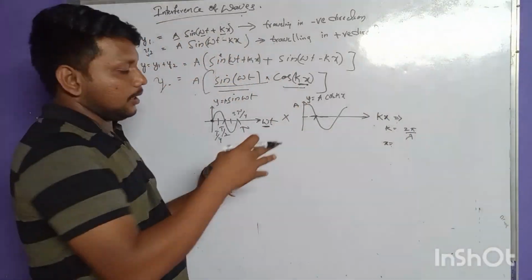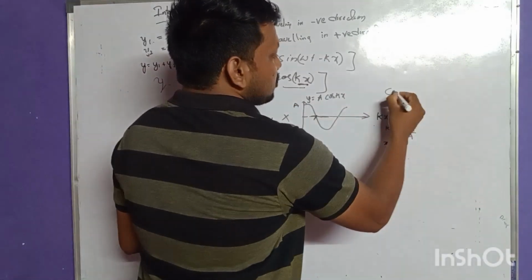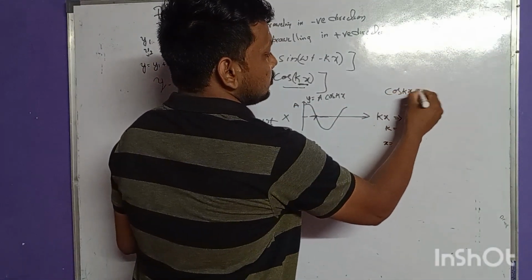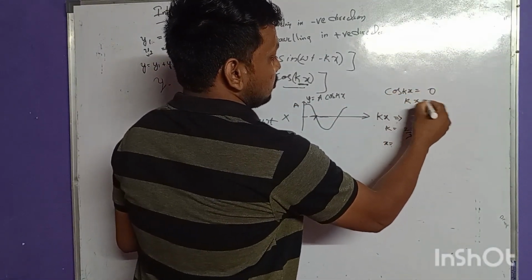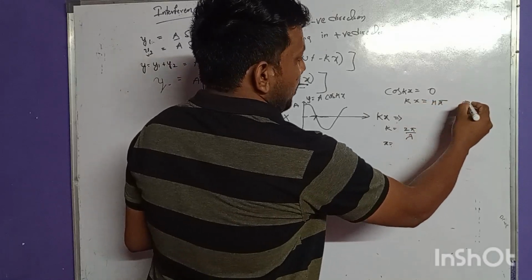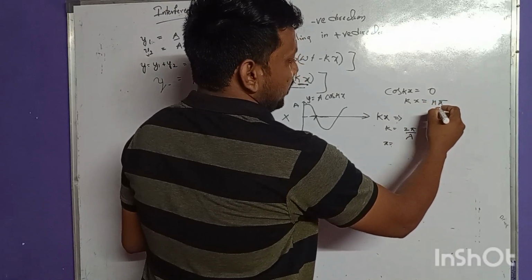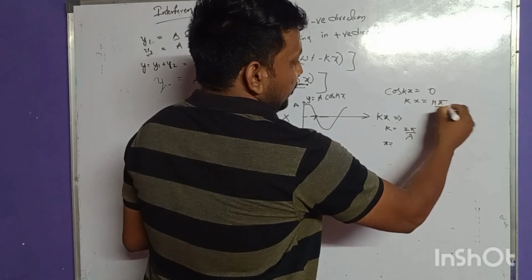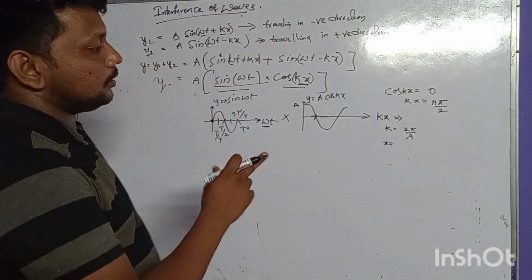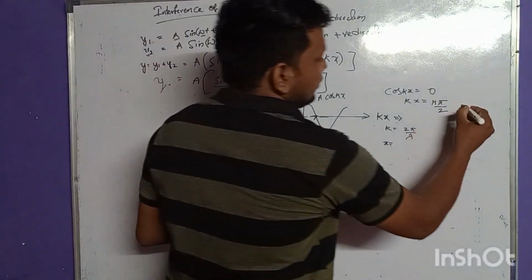Where does cos kx become 0? cos kx is equal to 0, kx is equal to n pi by 2, right? At 90 degrees it becomes 0. So n is odd.